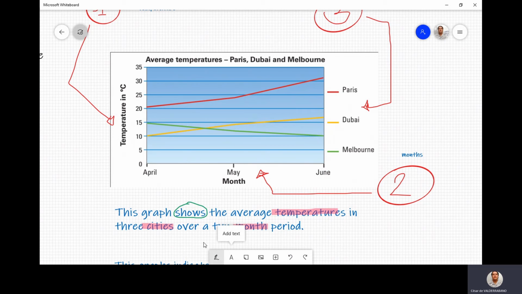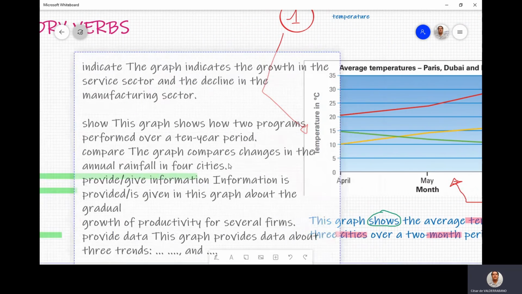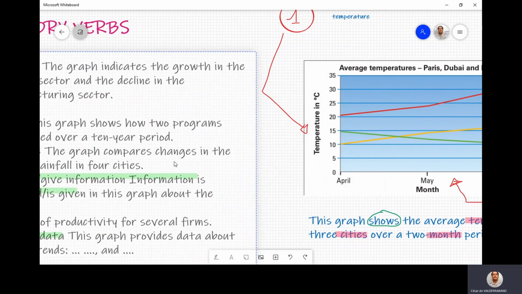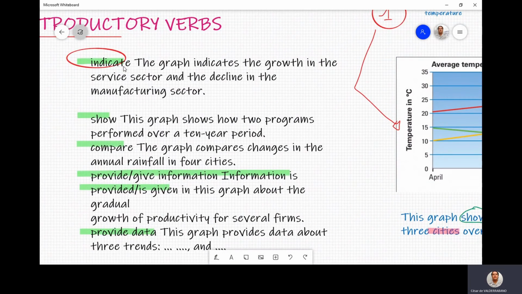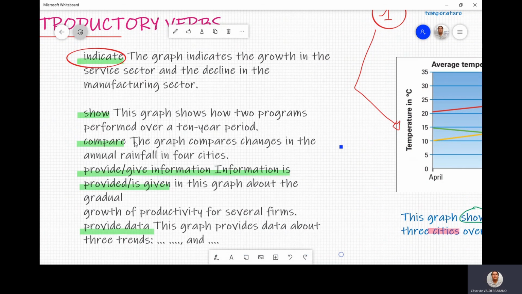Let's have a review over the introductory verbs. You can see here one more time. The first one is indicate. Number 2 is show. And number 3 is compare, provide, passive voice provide, and provide data.